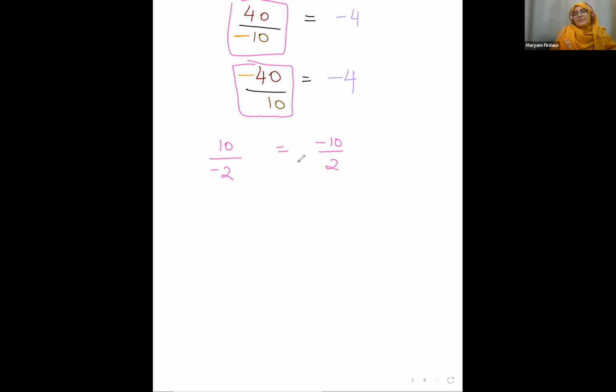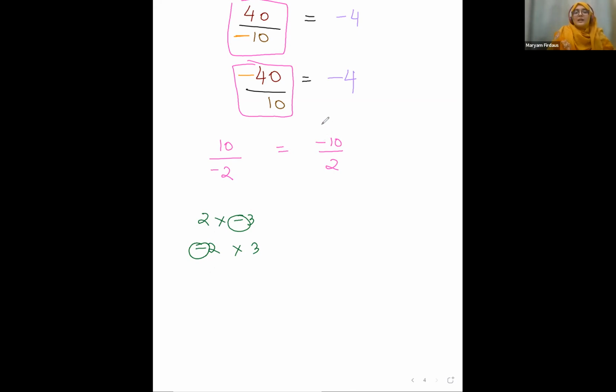Do you remember a similar thing we did in multiplication, where whether you say 2 multiplied by -3 or -2 multiplied by 3, it's the same? It doesn't matter where the negative sign is. The overall is going to be negative. So the position of the negative sign does not matter when it comes to multiplication and division.